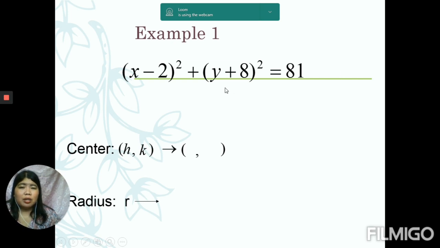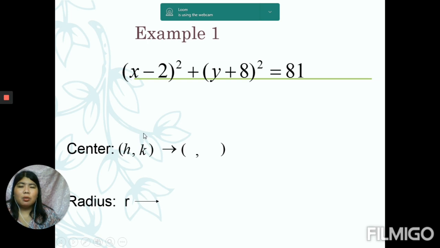So, for example, we have this equation. The equation (x - 2)^2 + (y + 8)^2 = 81. So, the center is h, k. Titingnan nyo lang yung h, k. So, kanina, di ba, ang formula natin ay (x - h)^2 + (y - k)^2 is equal to r squared. Kung mapapansin natin, minus.